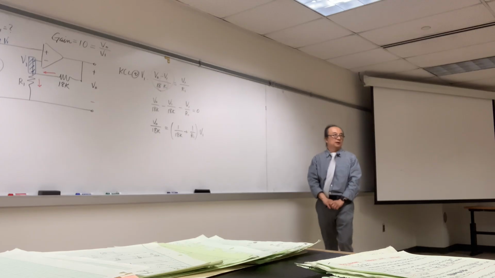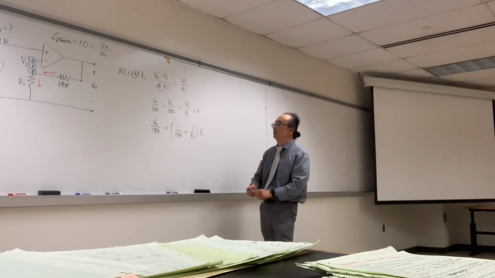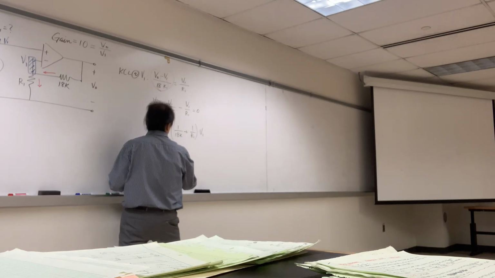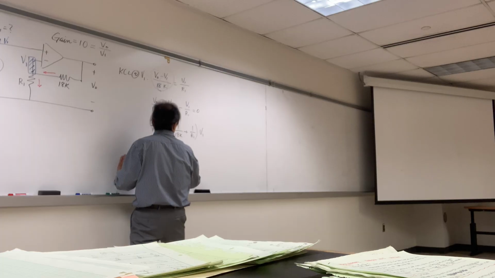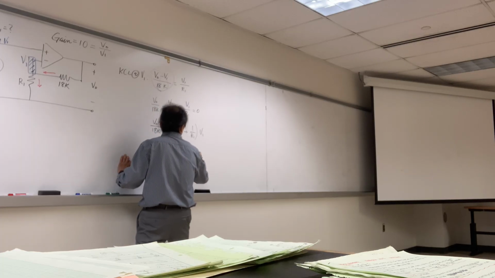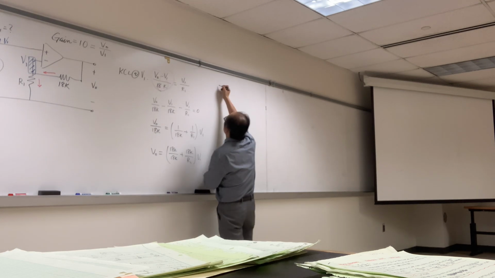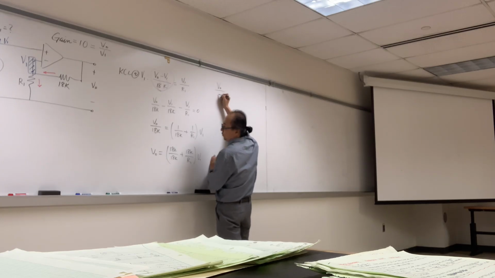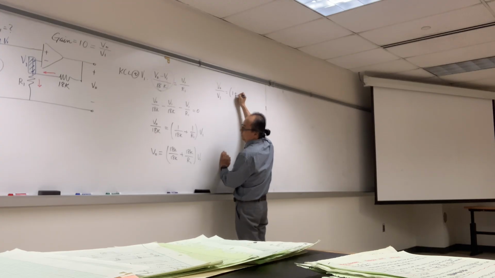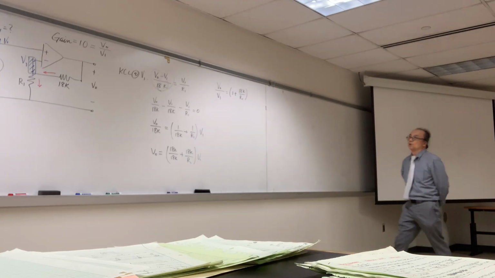Now we're going to multiply both sides by 18K. Then we have V naught equals 18K over 18K plus 18K over R1 times V1. And then we're going to divide both sides by V1. And we have V out over V1 equals 1 plus 18K over R1. What is gain?